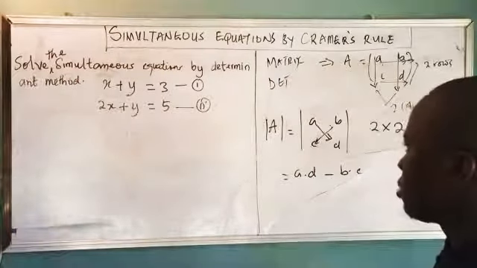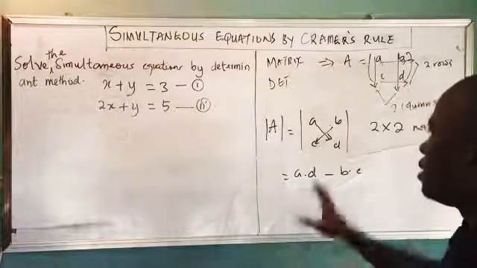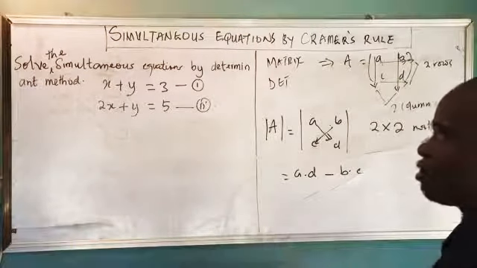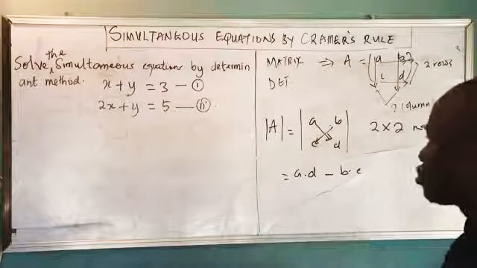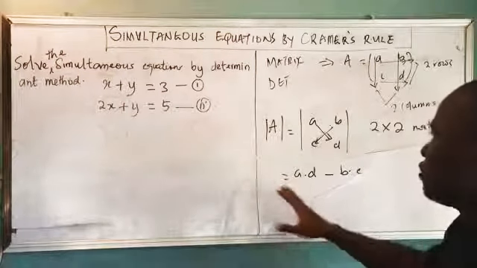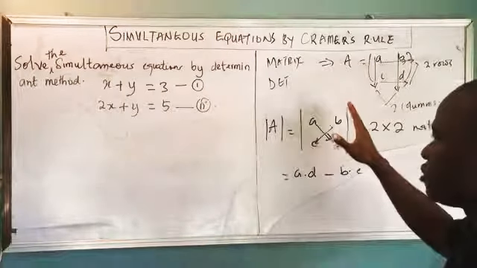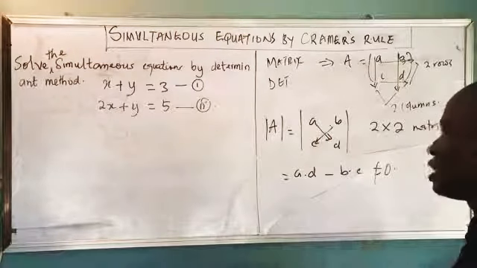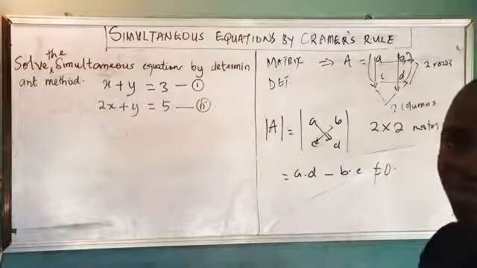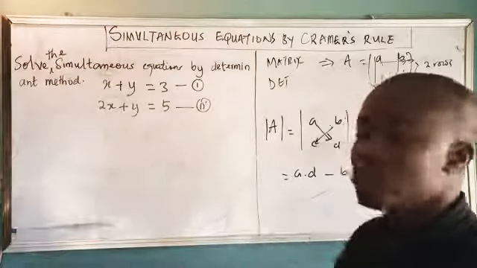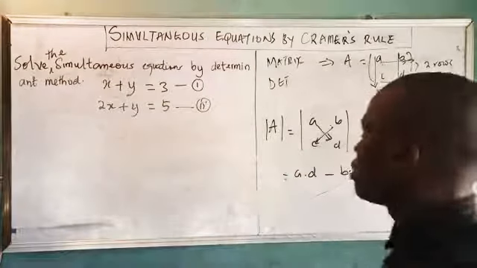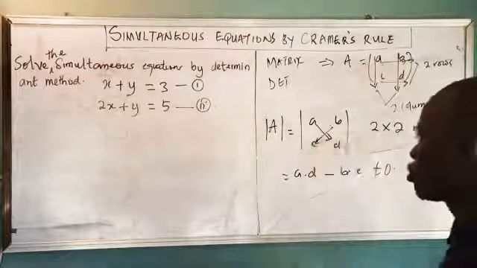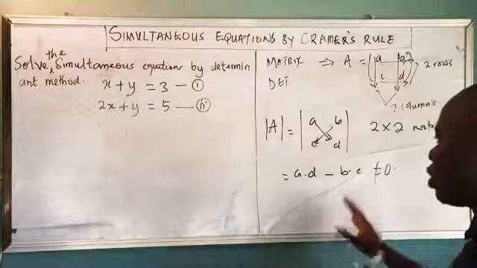Maybe you are getting what I'm saying now. Where we are going now: before you can apply Cramer's rule, if the determinant of A is not equal to 0, that is when you can go ahead to solve these particular equations by Cramer's rule. So this cannot be 0.